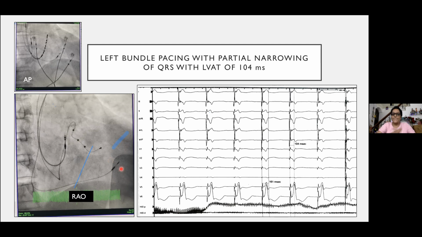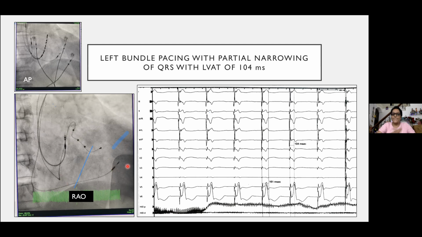So we move more distal so that we have more area to screw. And another thing we can do is have a more slanting course. Instead of being perpendicular in RAO, you can be more slanting. So you will have more lead inside the septum to hold your lead. Because if you get perpendicular, you don't have much hold on the lead because the septum is thin.